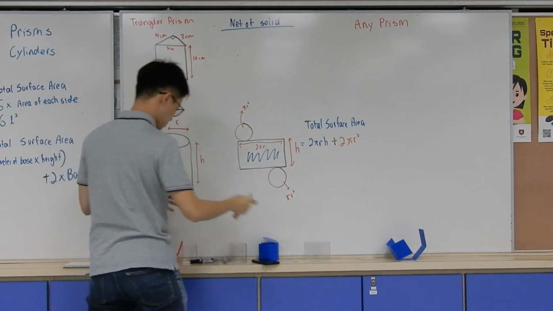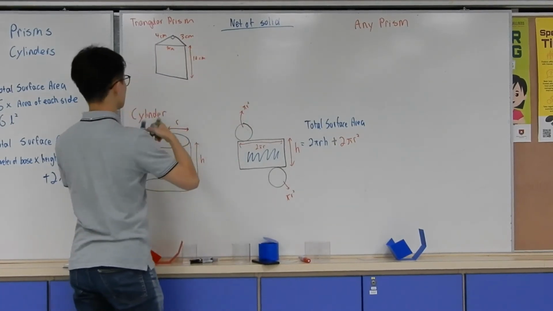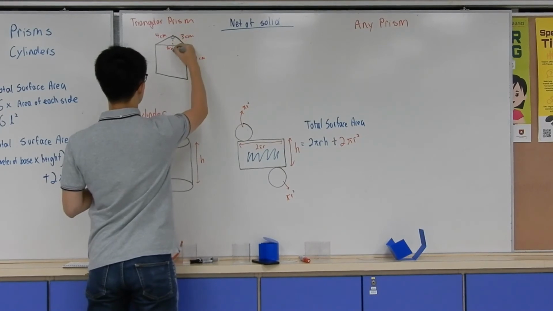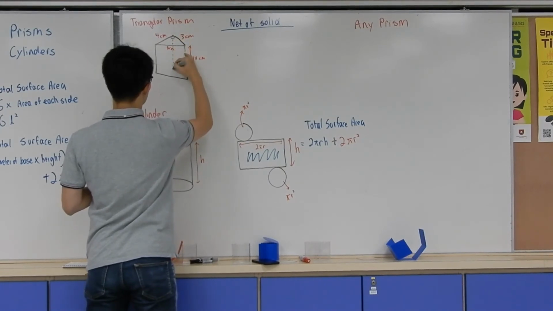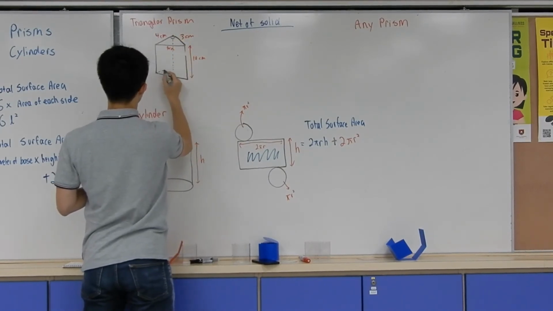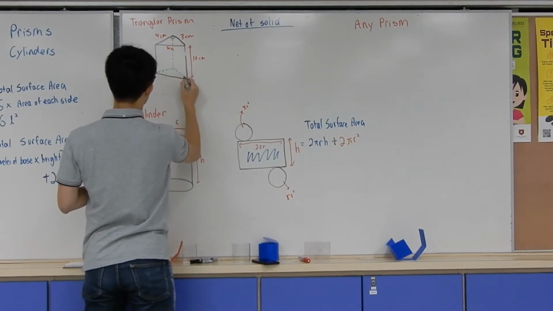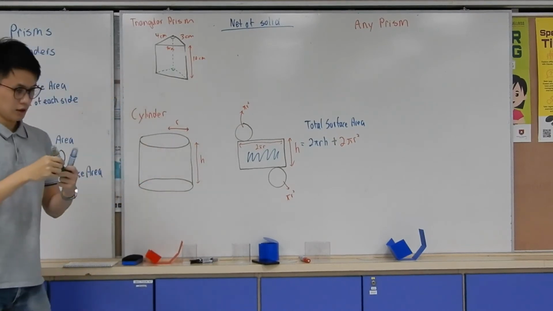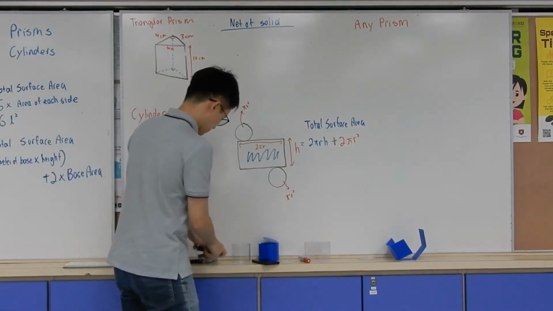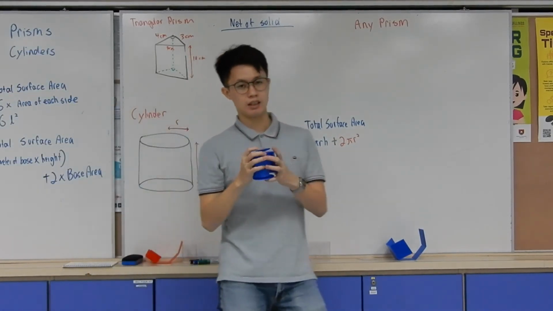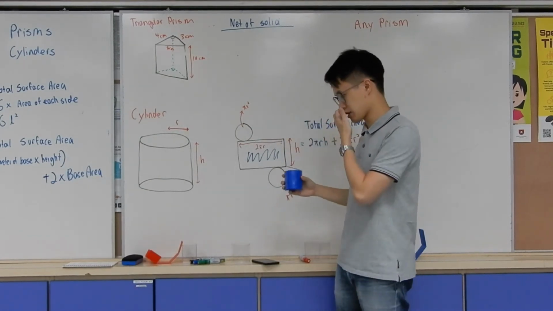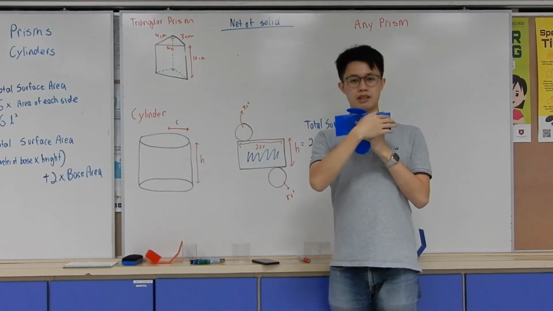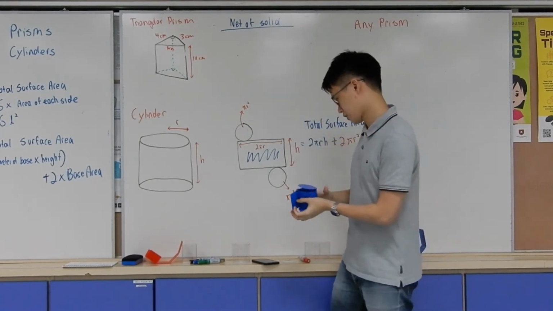Now if I were to draw the back of it with dotted lines, it should look quite similar. So just like that. Just now we said that for a cylinder, this length here is just the circumference of the base circle.